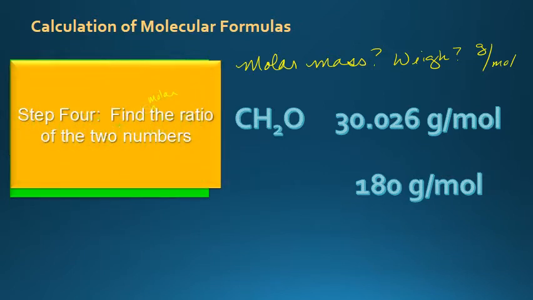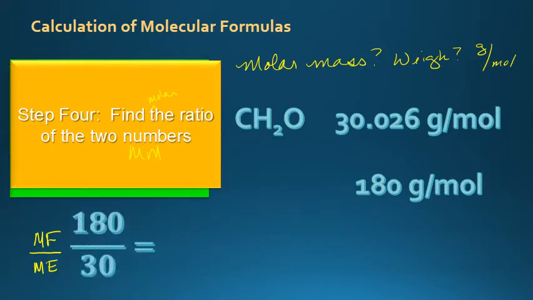It's no biggie. You have to find a ratio of the two molar masses. If you're looking for a formula, it's always going to be the molar mass of the molecular formula divided by the molar mass of the empirical formula. Just like that.